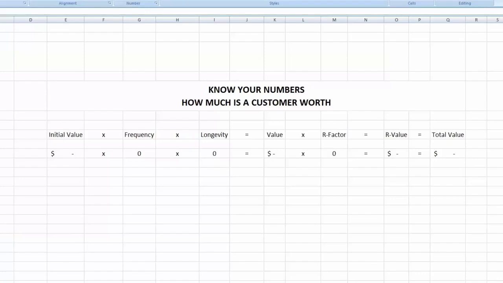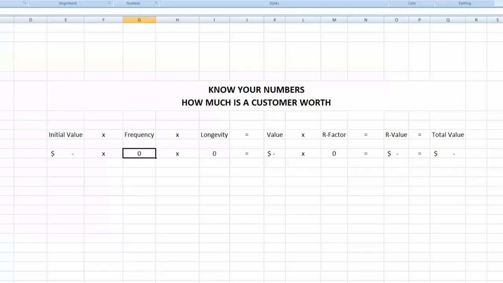Then there's the frequency of the order. What we're trying to do is give you an idea of how much this customer is going to be worth over time. And as we say in the podcast, if you're terrible at customer service or you don't make a good product, don't bother with any of these numbers, because it's just going to be the one order. Hopefully you're better than that. And there'll be some kind of a frequency.